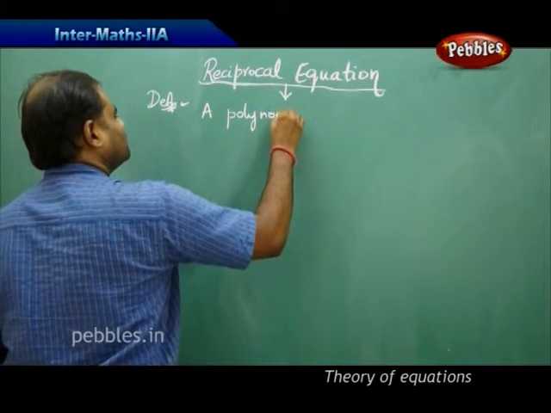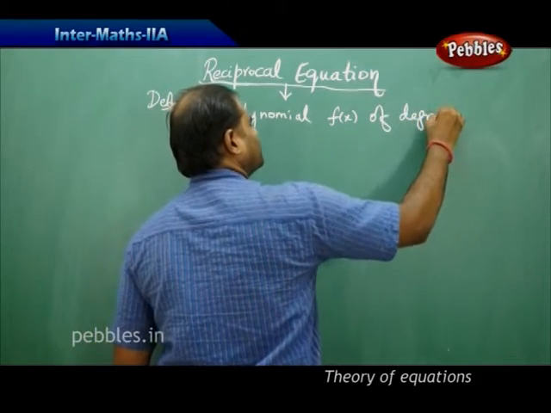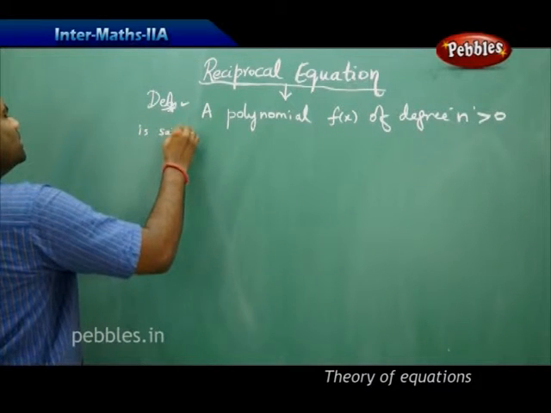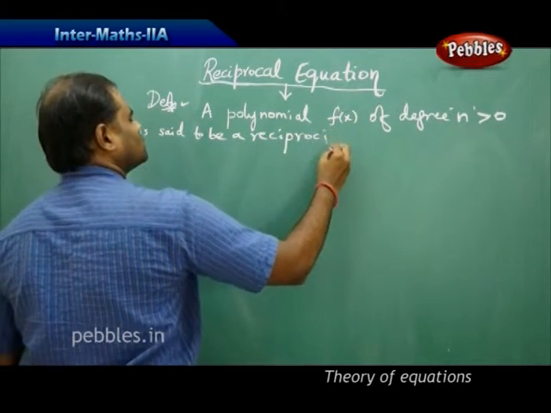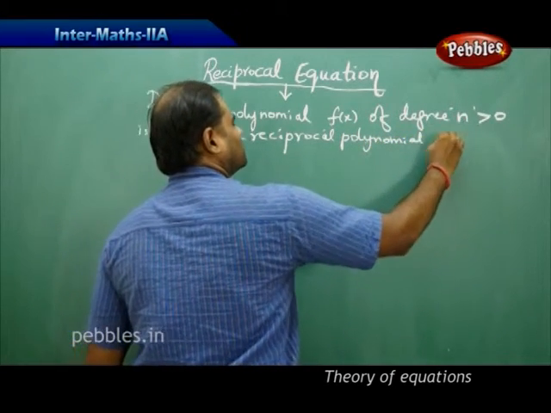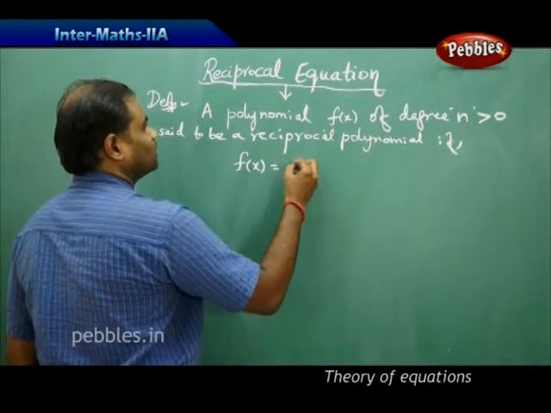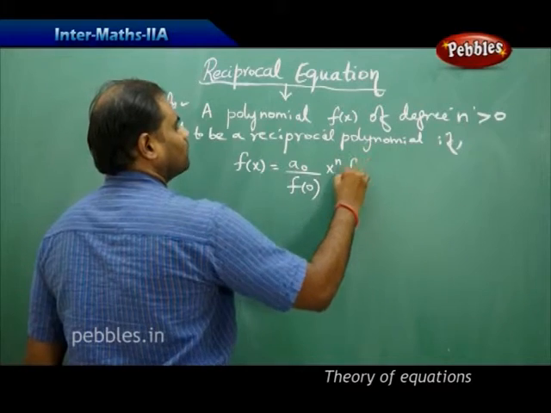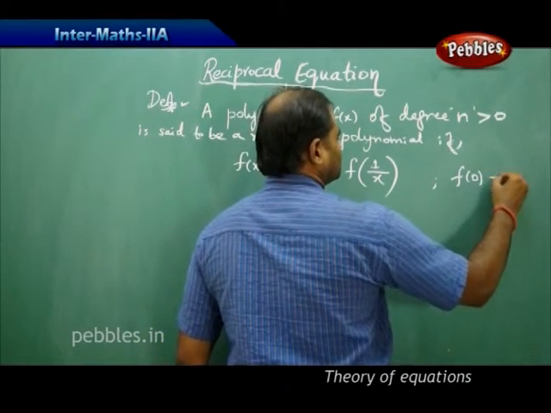A polynomial, say I take f of x of degree n greater than 0, is said to be a reciprocal polynomial if f of x can be expressed in the form a naught by f of 0 into x power n of f of 1 over x, where f of 0 is not equal to 0.